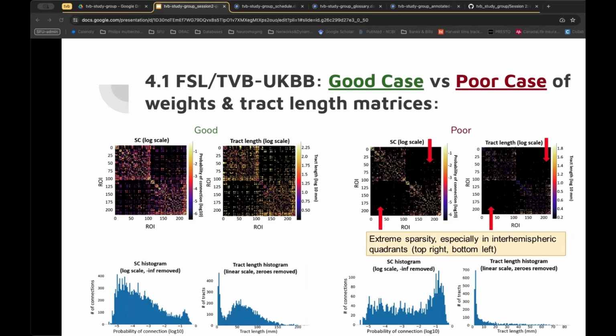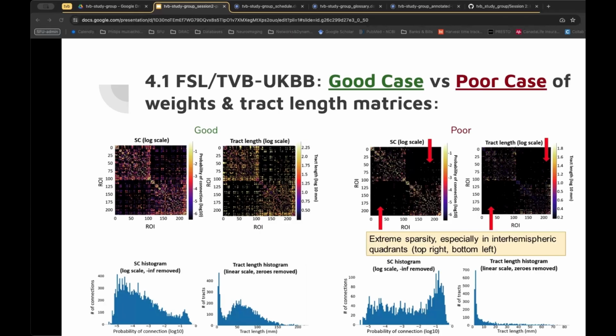I'm just going to walk through some of the things that we're looking for with these matrices. Another thing to consider is that they should often be examined in conjunction with various other processing steps along the way, making sure that the T1 and DTI processing steps before these look reasonable as well.